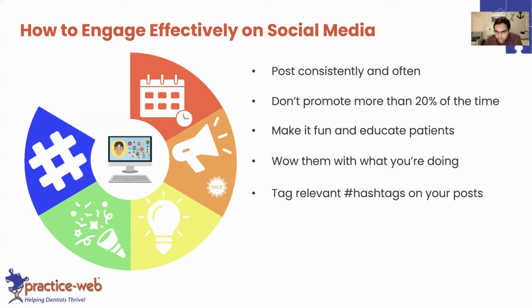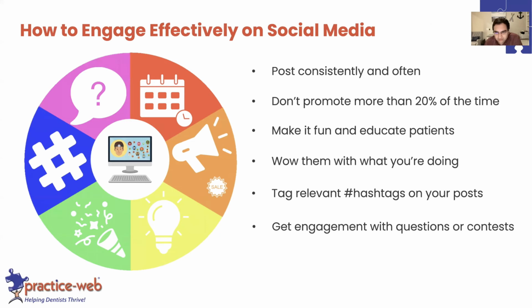So if you have maybe 10 or 15 hashtags, then you'll get more exposure for those posts on Facebook, and more importantly on Instagram. Get engagement. Mix it up, where sometimes you ask interesting questions that hopefully someone will respond to, or run contests. And I'm going to show you an example of that in a minute.